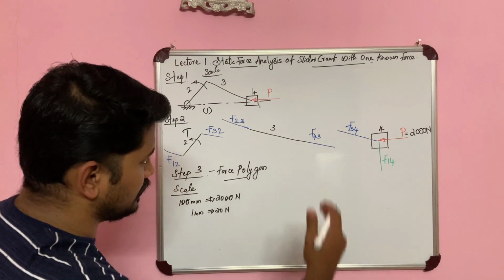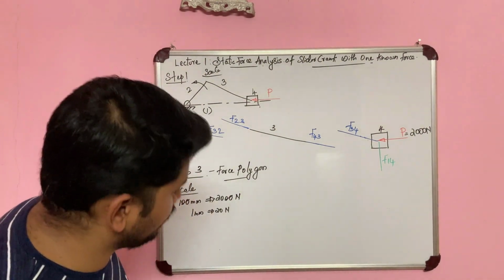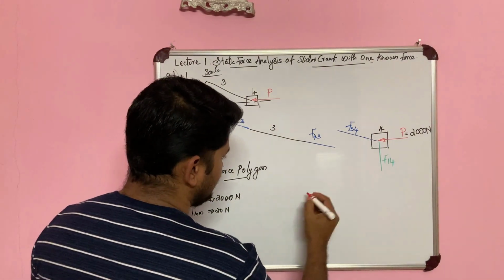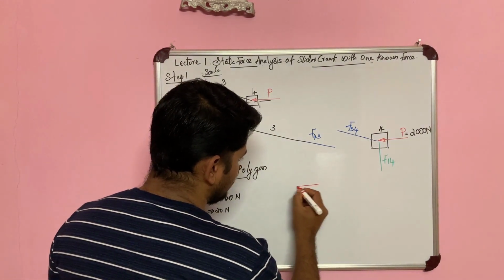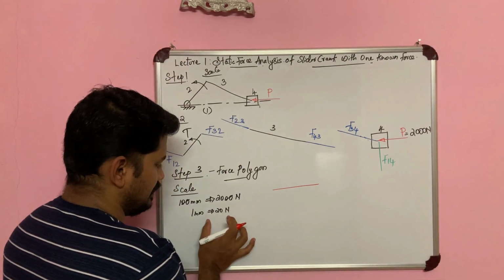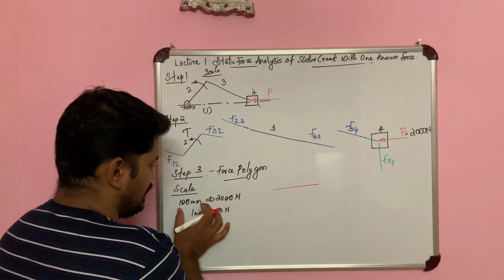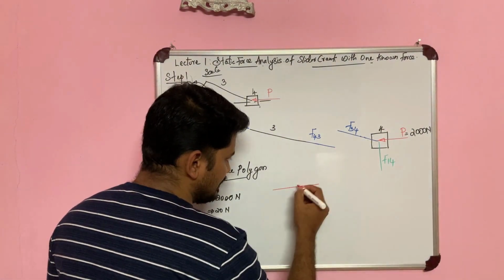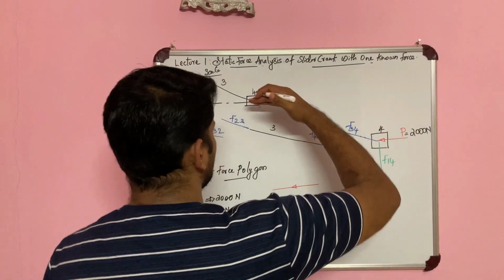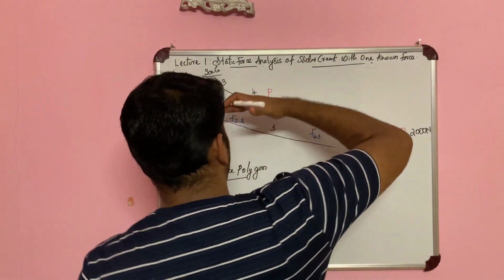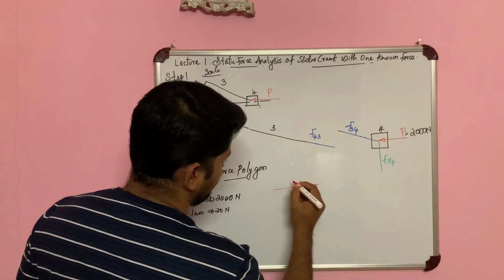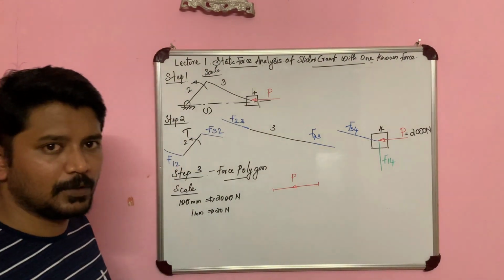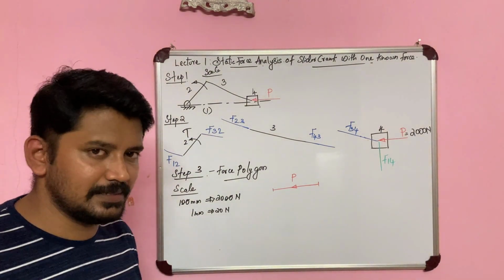Right. So let us draw the force polygon now. I have P acting over here, and so for P I am drawing a 100 mm line, right? Because that is the 2000 Newton. And I know its direction also. So parallel to this, I am drawing over here P of 10 centimeter or 100 mm.